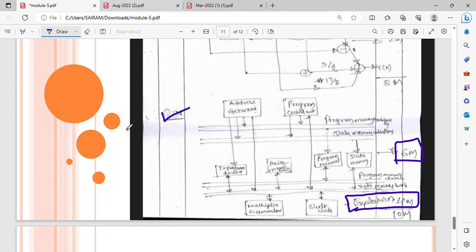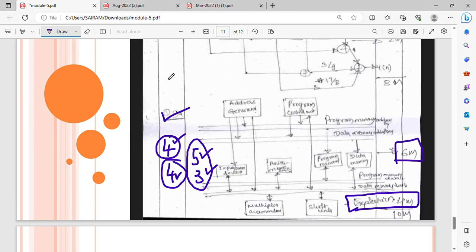With respect to 8 marks, he will say 4+4: 4 marks for diagram and 4 marks for explanation. Otherwise, 5 marks for diagram and 3 marks for explanation. Either way is acceptable.